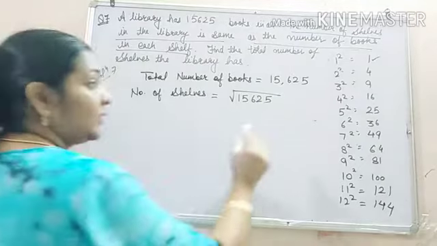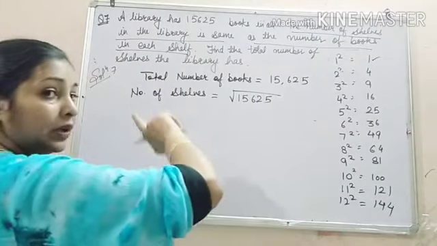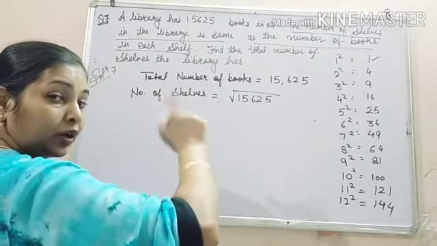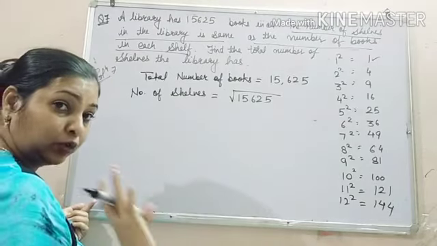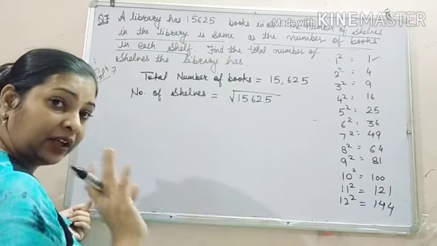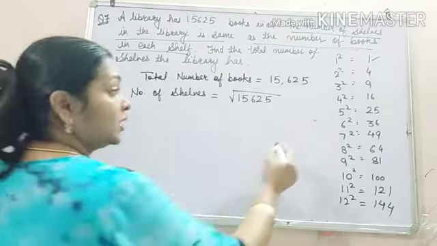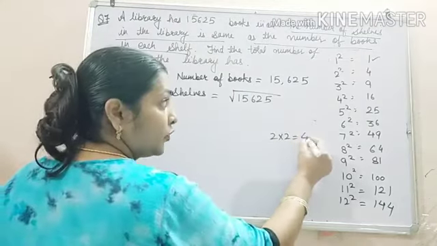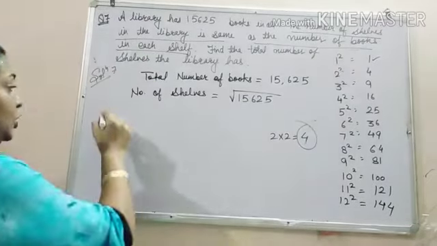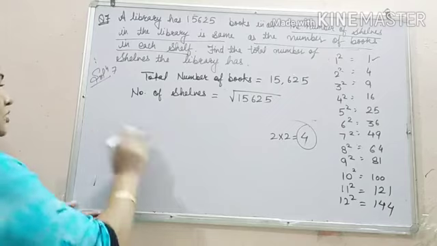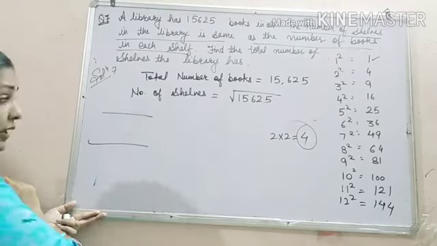Suppose there is one book, one shelf. So total number of books 1 into 1. Suppose if there are two shelves and each shelf is having two books, that means 2 2s are 4. That is equal to 2 square. Total books are 4. In two cells, suppose these are the cells of the library.